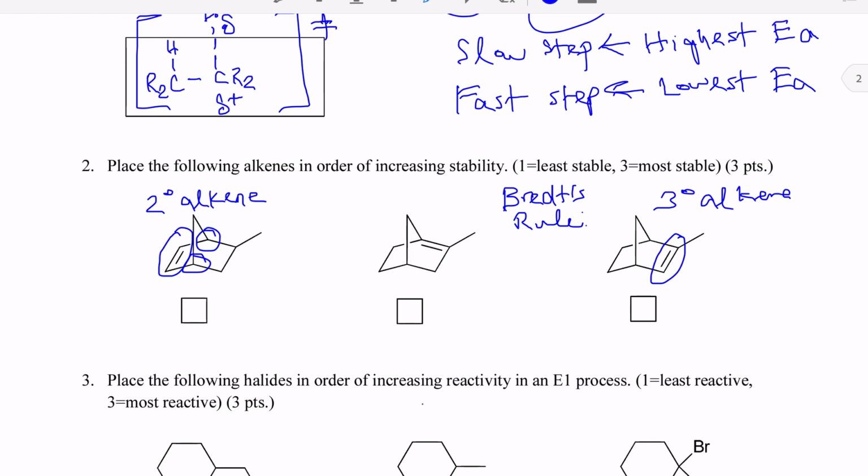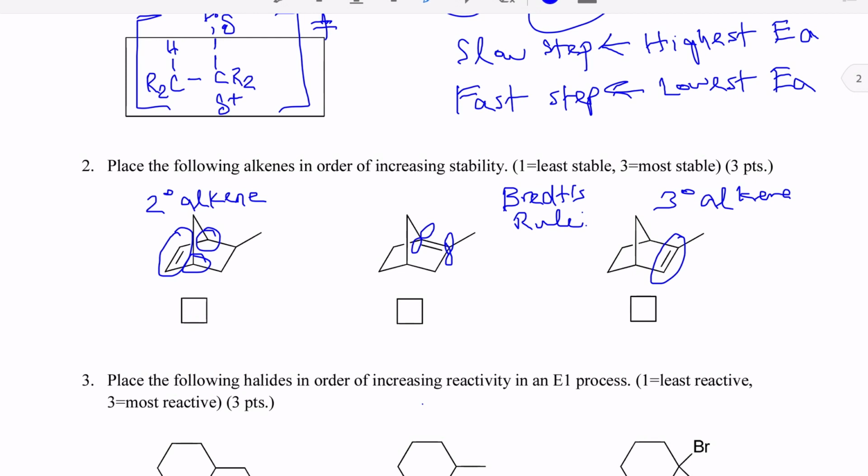If you look at this pi bond, you have pi bonding orbitals here and here, and these orbitals are not exactly in the same orientation, they're not parallel to each other.